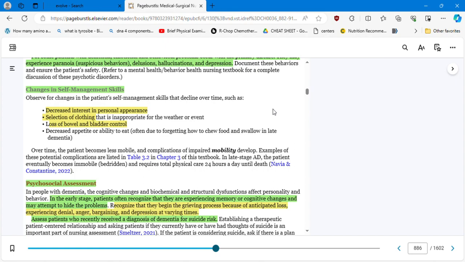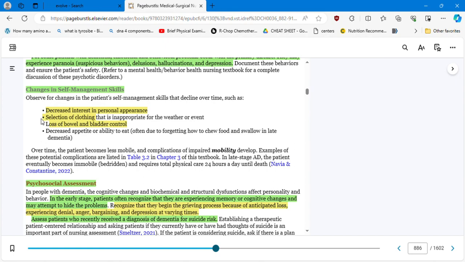It's important to find the right person who has enough compassion and is willing to clean and do ADLs for the patient in a very nice and loving way, okay? Changes in self-management skills, we need to find somebody to help them get dressed because the patients are going to have decreased interest in personal appearance.